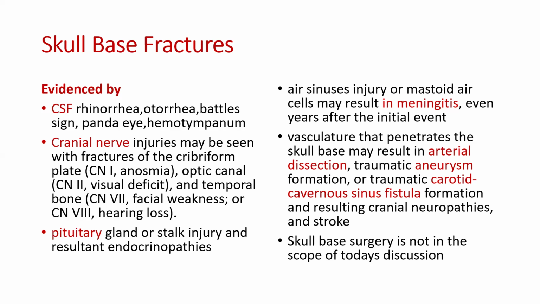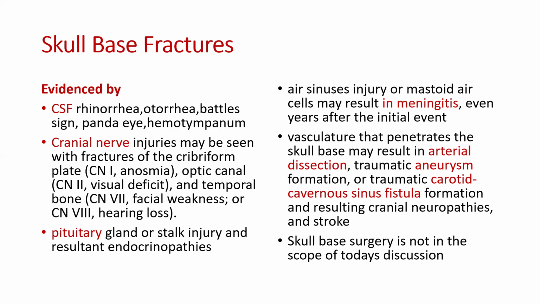Air sinus injury or mastoid air cell injury may result in meningitis, a feared complication in skull base fractures. And when we are suspecting skull base fractures, we have to give these people antibiotics. So meningitis can manifest even years after the initial event.